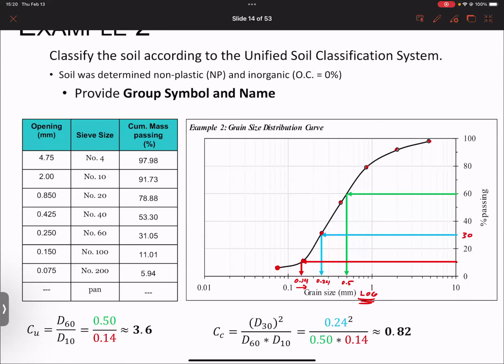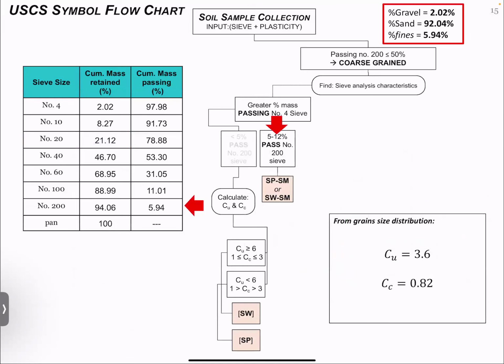All right, so we have 3.6 and 8.2. What we want to see is whether these fall within the range to make it well graded. Our CU is 3.6, which is less than 6, and our CC is in between 1 and 3.